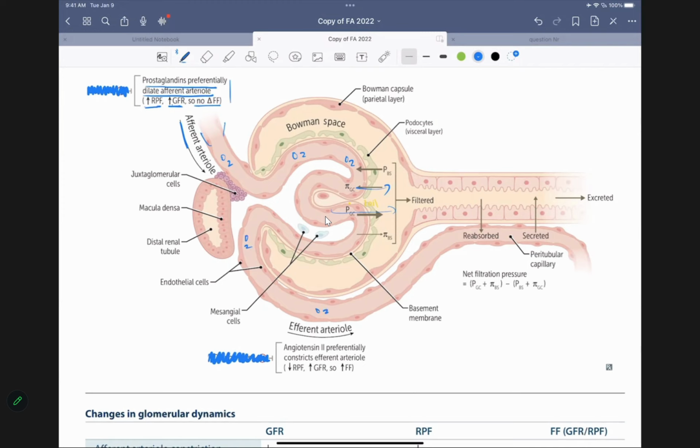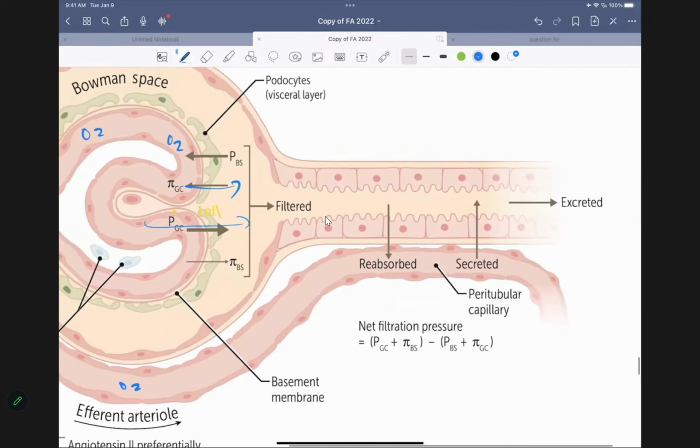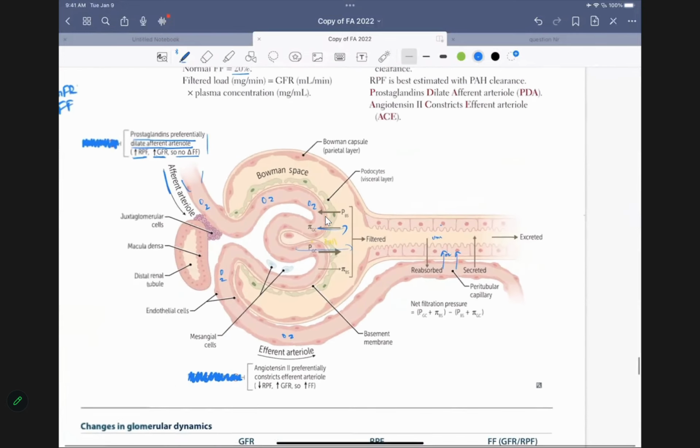Now think about it, folks. How do you think the tubules get oxygen? This is an epithelial cell. Inside you have urine. Urine doesn't have oxygen. So who gives oxygen? Peritubular capillaries give oxygen to these tissues, the tubules.